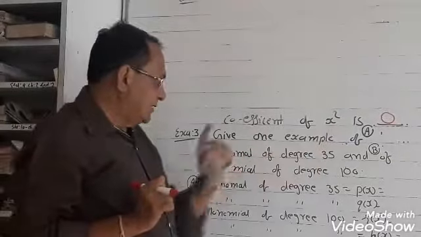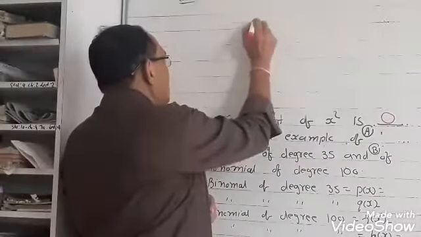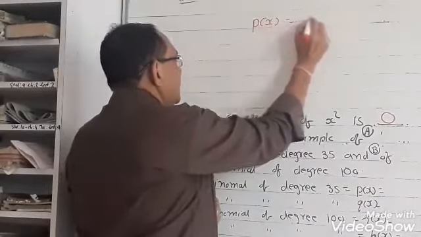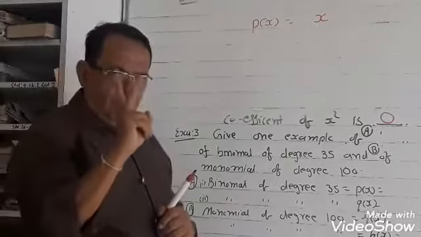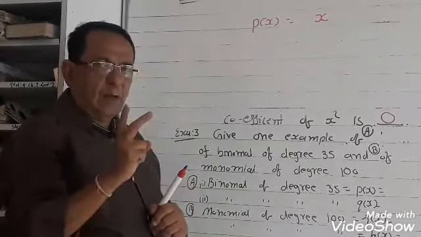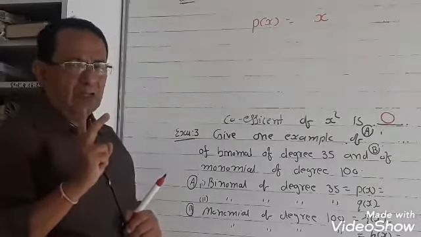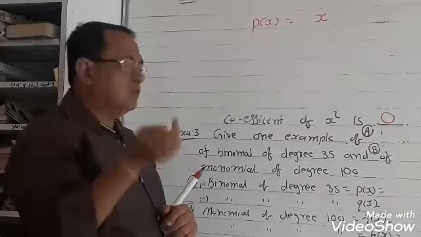Give one example of binomials of degree 35. So suppose I have written P(x) is equal to. Binomials means how many terms are there? 2. Monomials means how many terms are there? 1. Trinomials means how many terms? 3. Multinomials, more than 3.